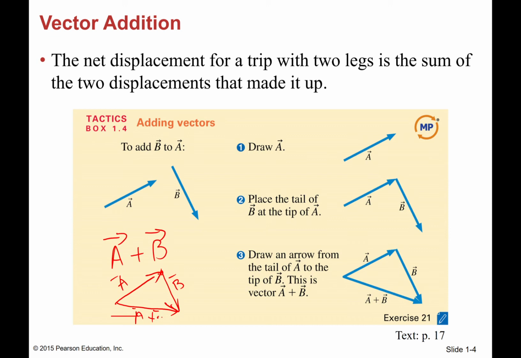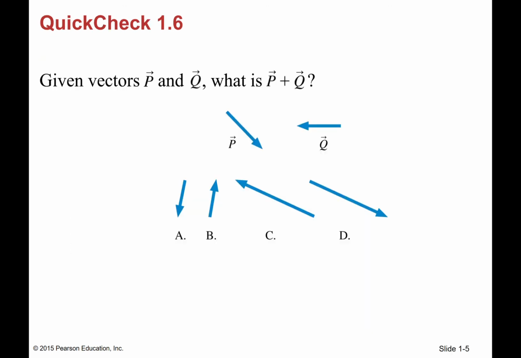So that's how you add vectors, and let's look at some examples here. We have two vectors, P and Q. What is the vector P plus Q? Take a minute to answer that. Well, now let's remember how to do this.